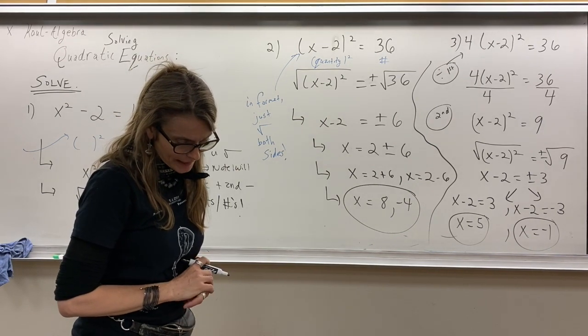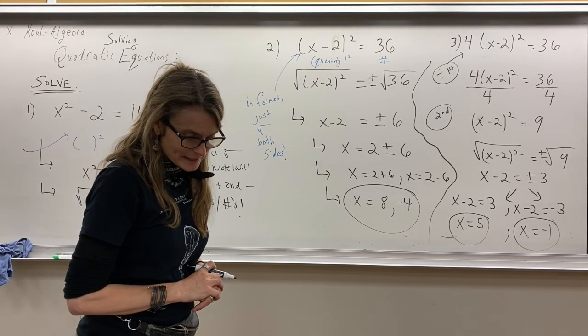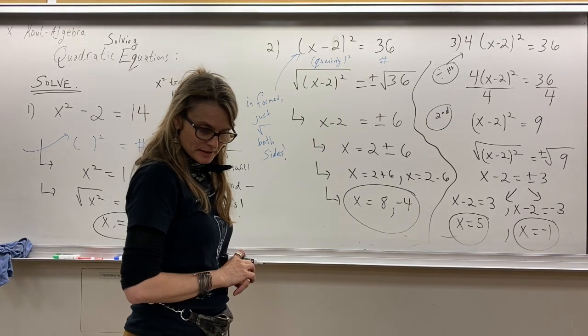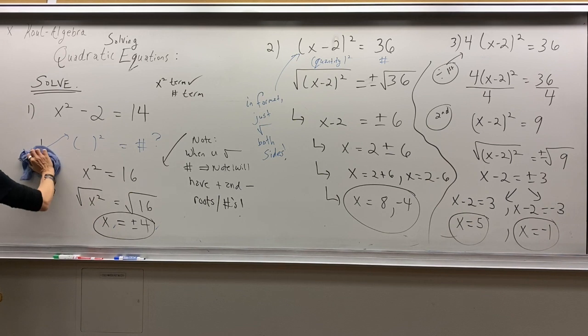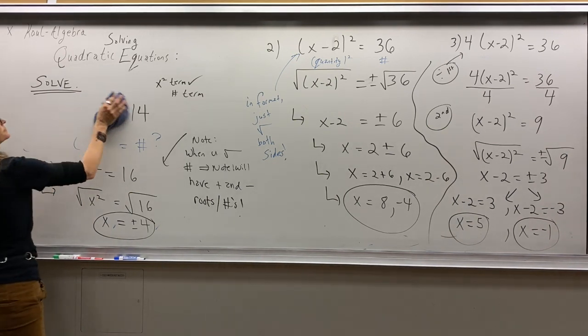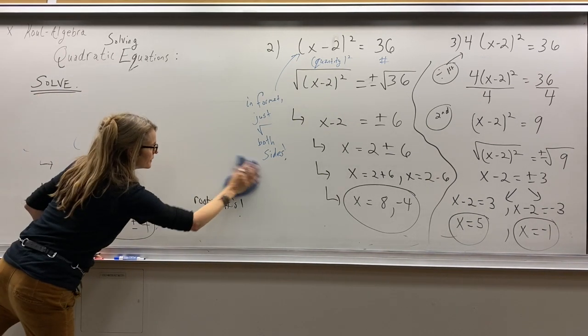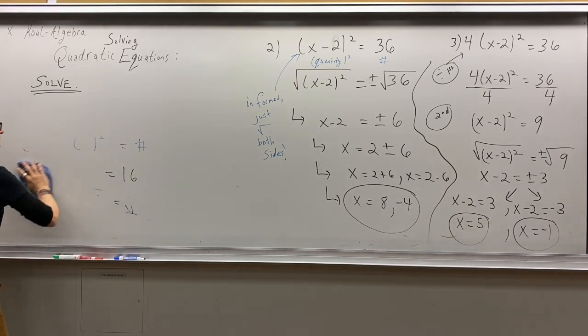Okay, so some other cases that come up. You don't always get perfect roots. Some things are not nice. Let's go ahead and take a look at a fraction, and some other not so nice roots.